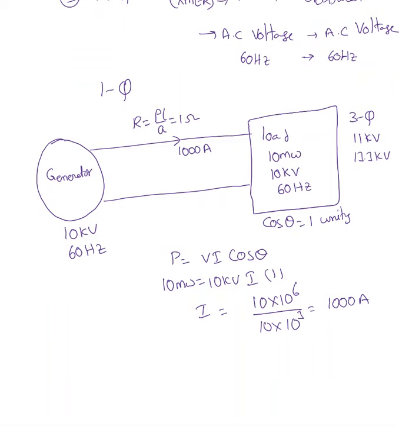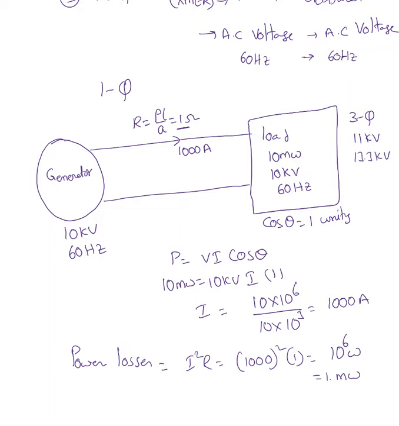Since the wire has some resistance, 1 ohm, and is carrying current, there will definitely be some power losses. The power loss in the transmission line equals I squared times R. I squared is 1000 squared, R is 1. So the power loss is 10 to the power of 6 watts, which is 1 megawatt.